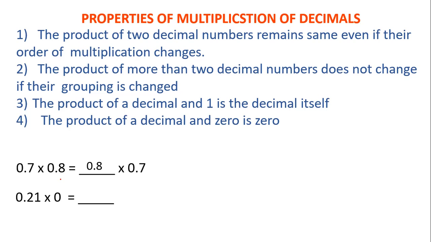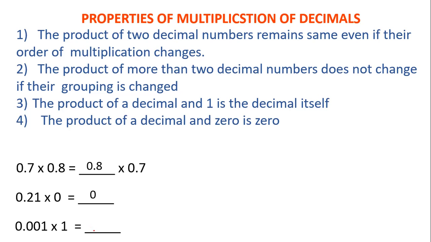Let's take one more problem. 0.21 into 0 is equals to dash. This fill in the blank is based on fourth property, that is the product of decimal number and 0 is 0. Hence, product of 0.21 into 0 is 0. Let's take one more problem. 0.001 into 1 is equals to dash.